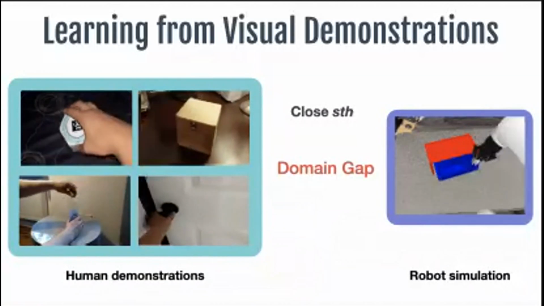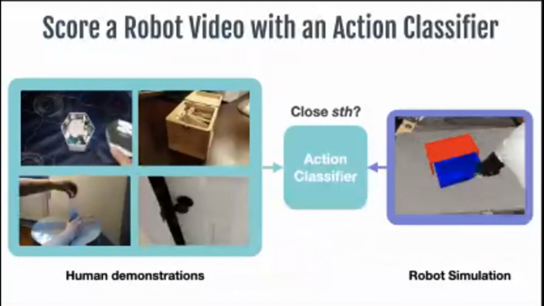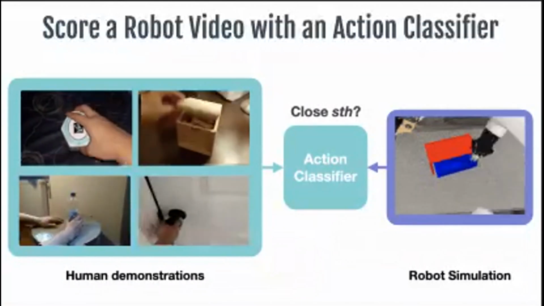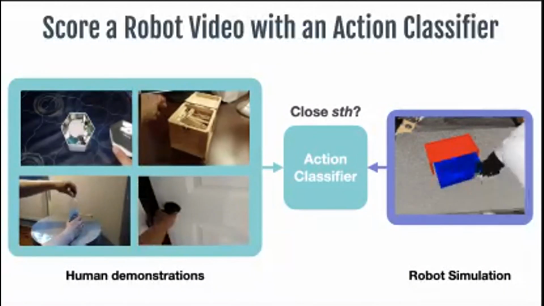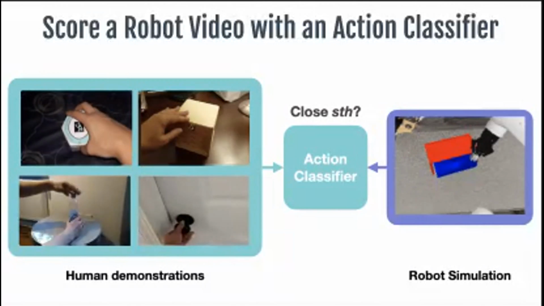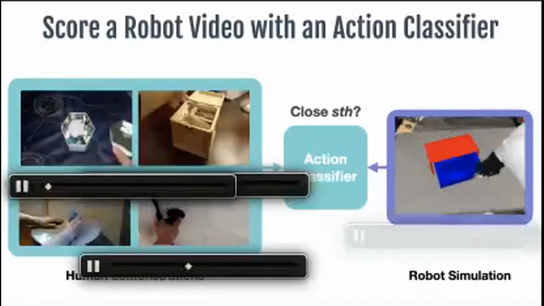Okay, so what is our main idea here? The main idea is to use an action classifier that is trained on these human demonstrations to score the robot simulation.